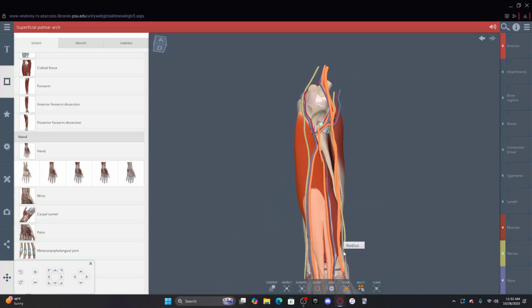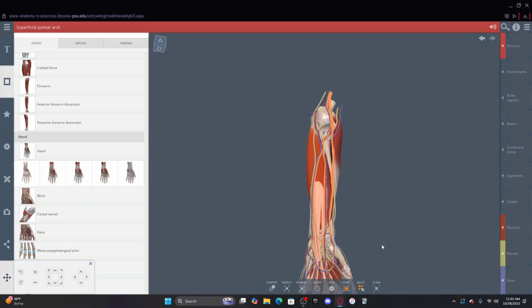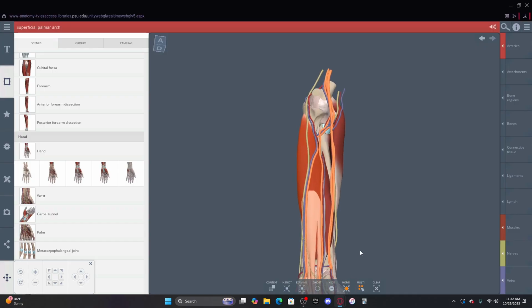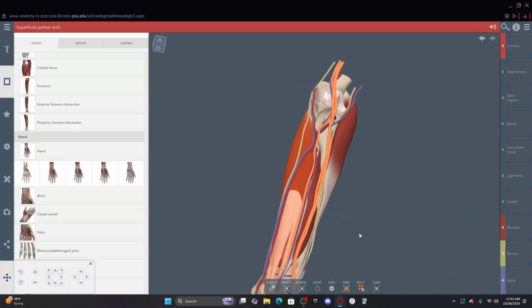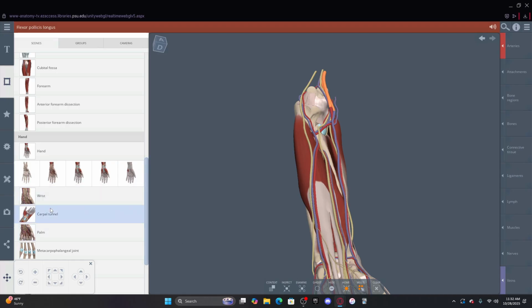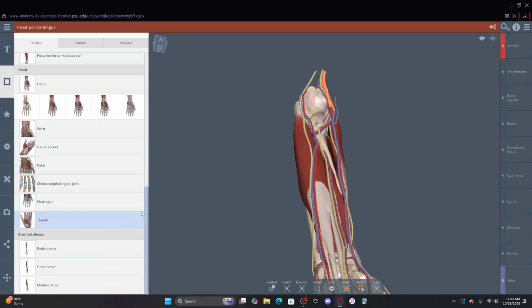And the last thing I want to mention is where the nerves are in relation to some of these muscular structures, and that's it.